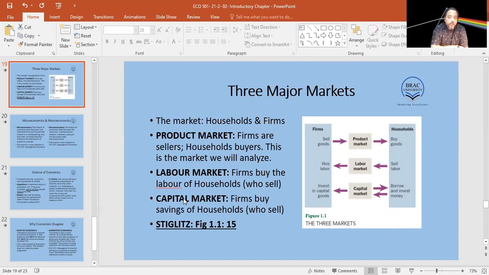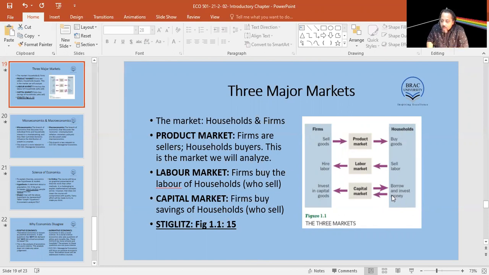In the capital market, savings are transacted from sellers to buyers. In the capital market, who buys capital? Banks buy. Investment firms buy. Who sells the capital? The households will be selling the capital from their excess savings. So look, this is a two-way market.